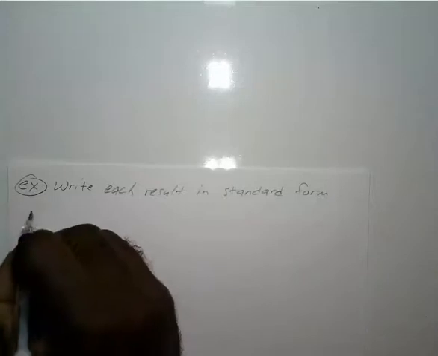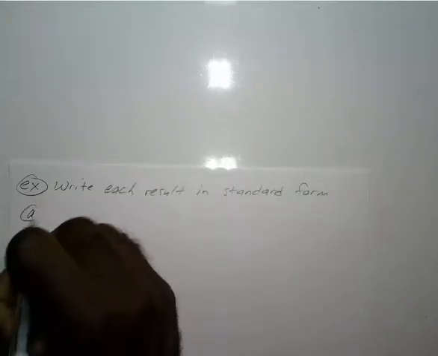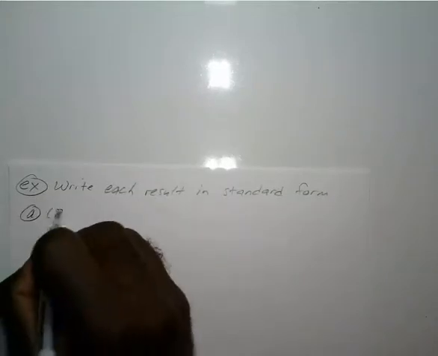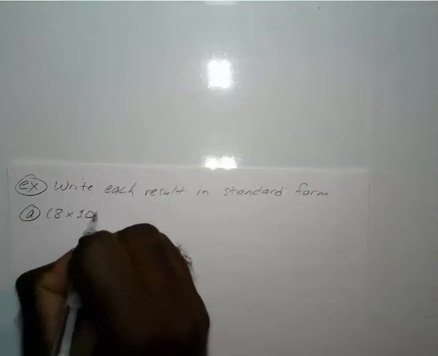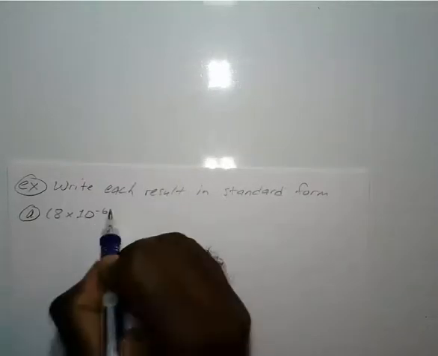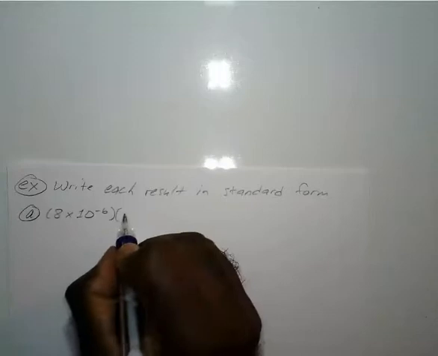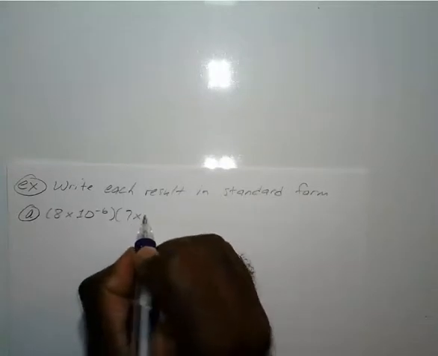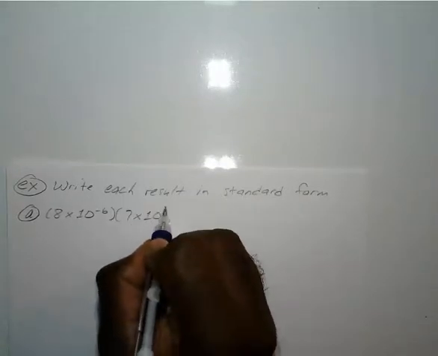Okay, so let's say for problem A, we have 8 times 10 to the negative 6 power, and that times 7 times 10 to the third power.